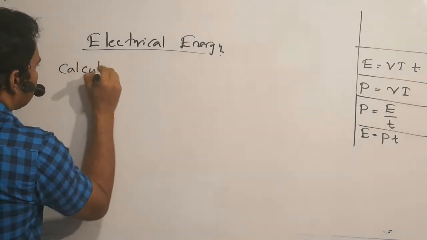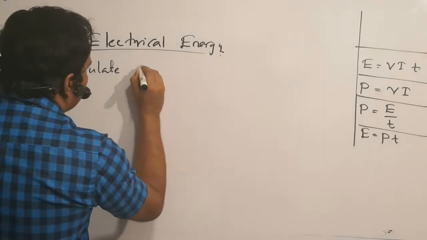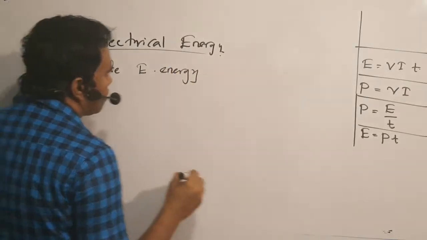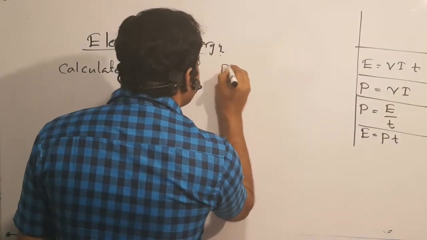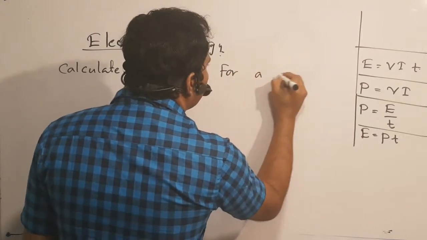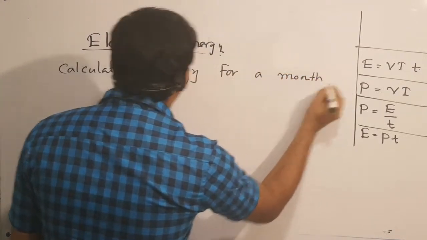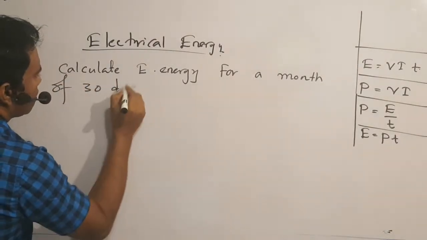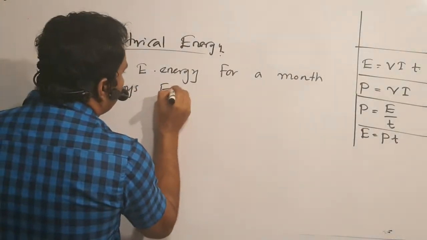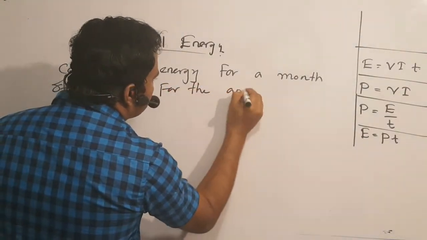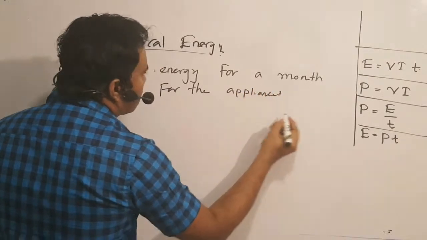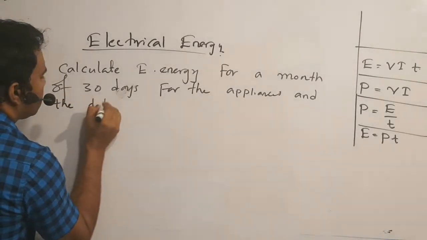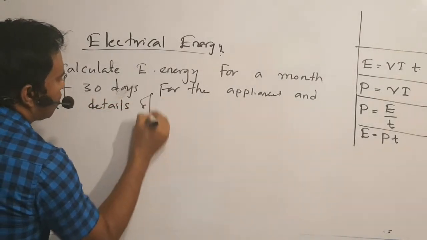Calculate the electrical energy for a month of 30 days for the appliances and the details of them given below.